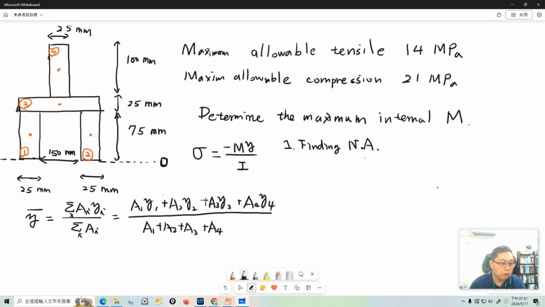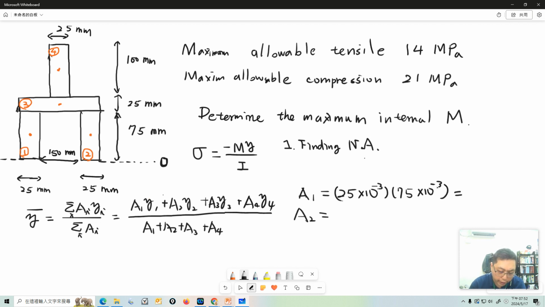What's A1? A1 is 25 millimeter times 75 millimeter. A2 is exactly the same as A1.